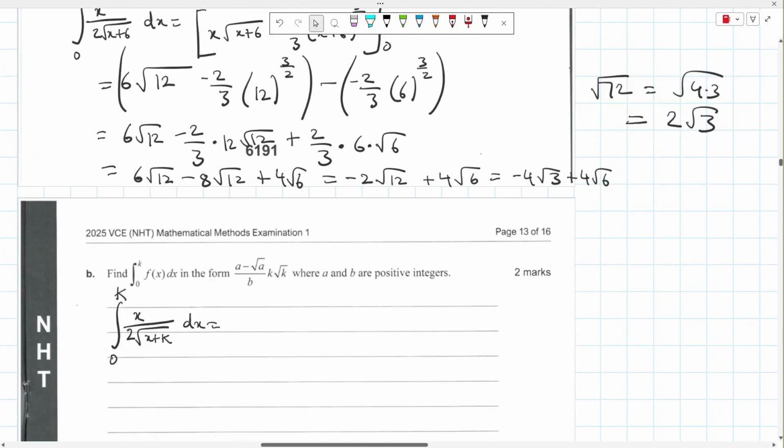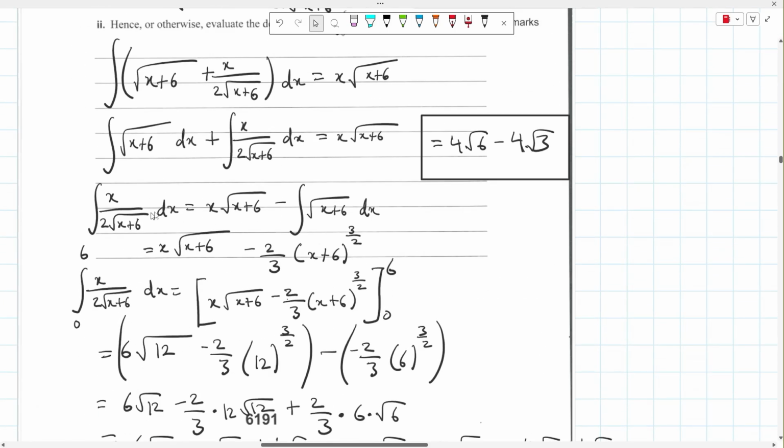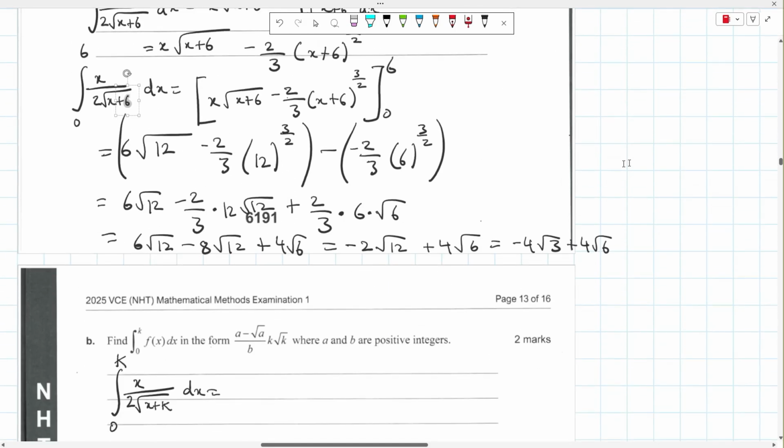But as you can see, we can apply something very, very similar. Instead of putting a 6 there, we can just replace that with k, and everything should work out the exact same.